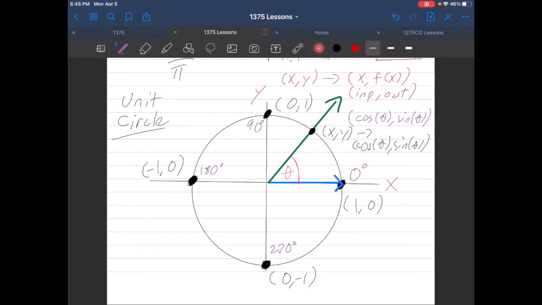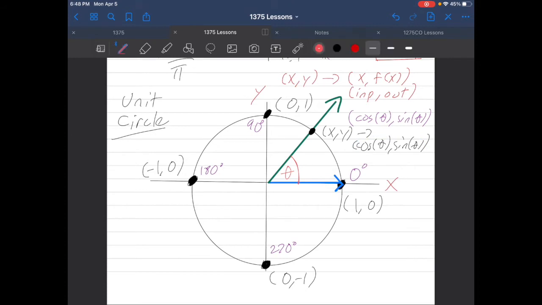So if we are able to determine what this ordered pair is, that means if we draw an angle starting at the positive x-axis and swinging over to intersect that point, if we know what that x comma y coordinate is, we can use that to determine the sine and cosine values.